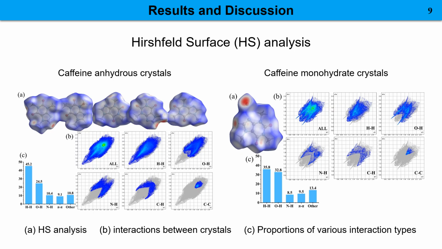Additionally, comparing the interaction ratio reveals that there may be some interaction between caffeine crystals and water molecules. Therefore, when caffeine crystals collide, they come into proximity, which promotes pi-stacking and leads to adhesion and agglomeration of the crystals.